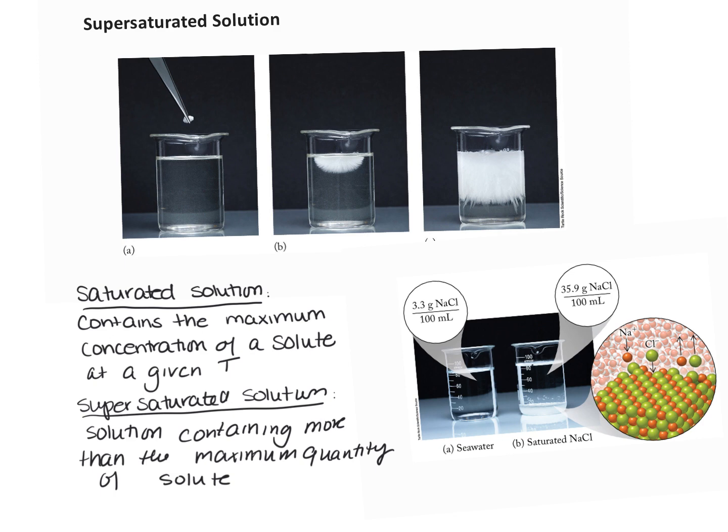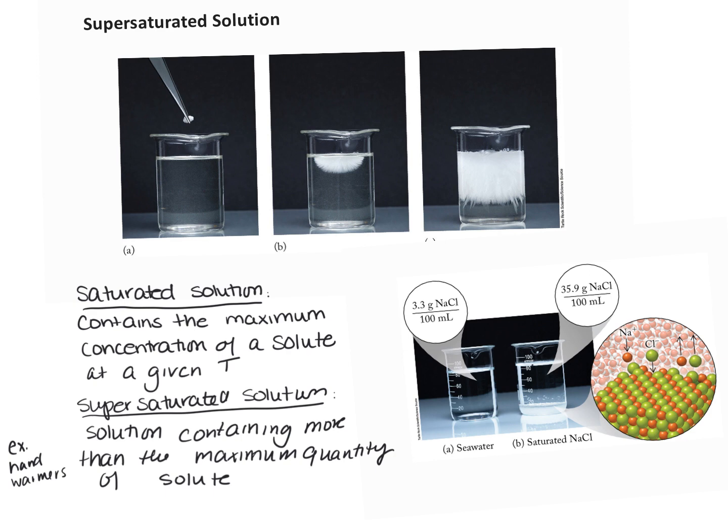Hand warmers are a really good example of this. If you have seen reusable hand warmers, they contain a supersaturated solution, and you pop a little piece of metal in them, and that's enough to cause it to crystallize. When it crystallizes, it produces heat, and so these are reusable hand warmers.